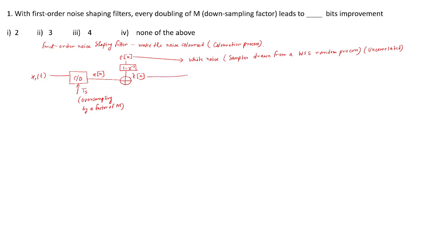On the other hand, this is colored noise, and it is correlated. Why we are using the term correlated, we will see in a moment, but let us just see what is happening after here.